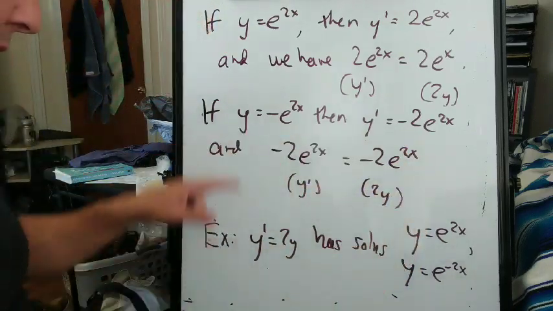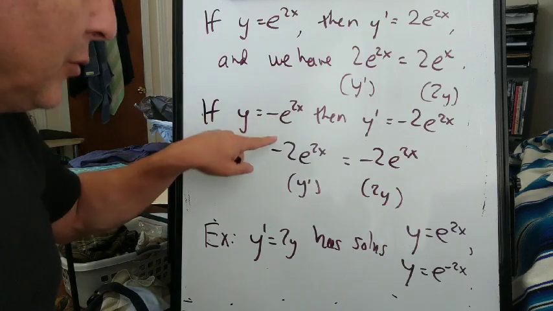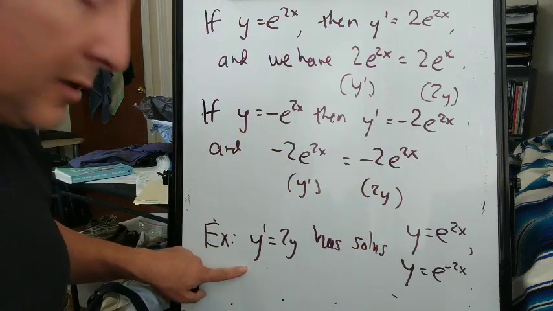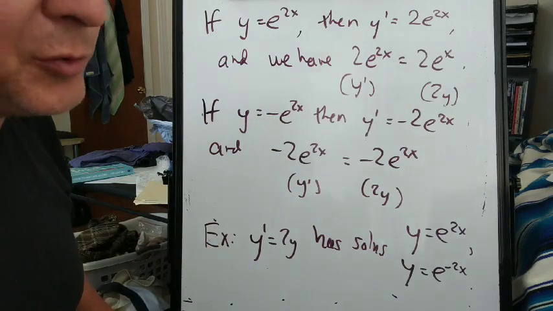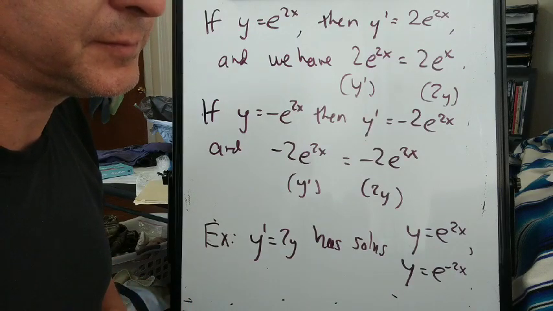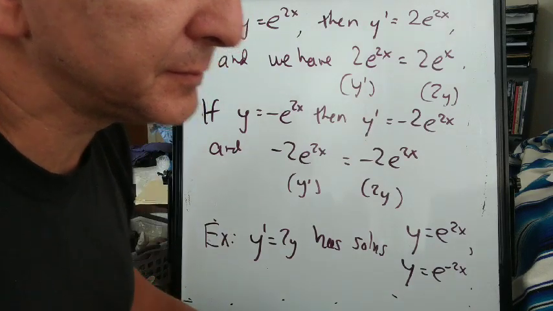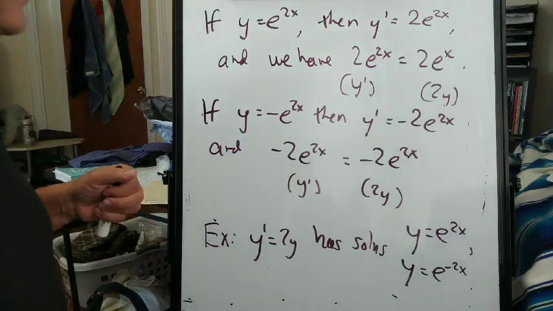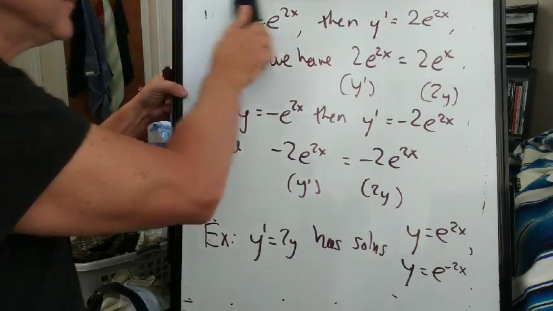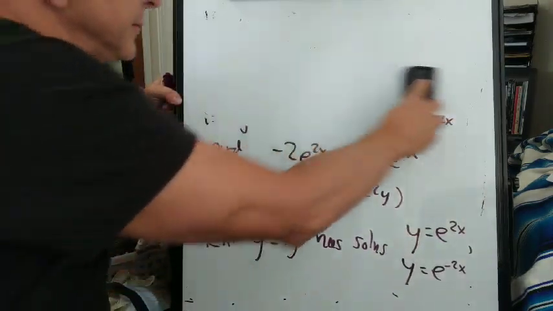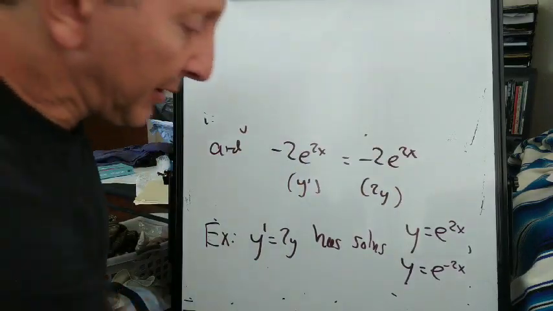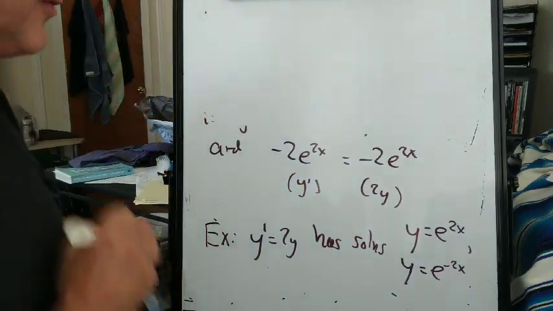Yep, those are the same. So y equals negative e to the 2x is another solution of the differential equation y prime equals 2y. Now typically there's infinitely many solutions to a differential equation.